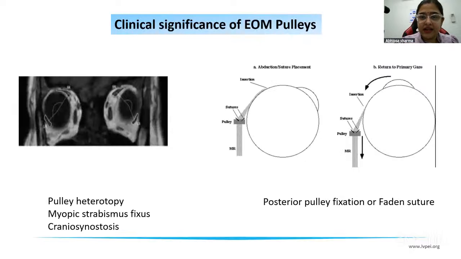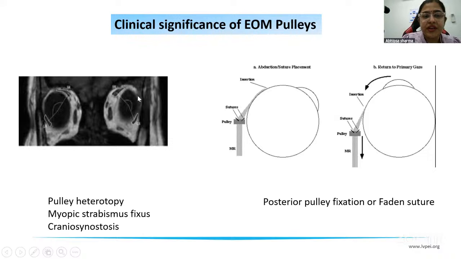So what is the clinical significance? The first comes in the pulley heterotopy, in which if the pulleys are not at their correct anatomical position, they can cause an incomitant strabismus, as in cases of myopic strabismus fixus and craniosynostosis.